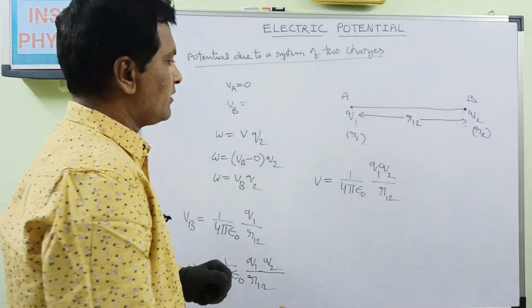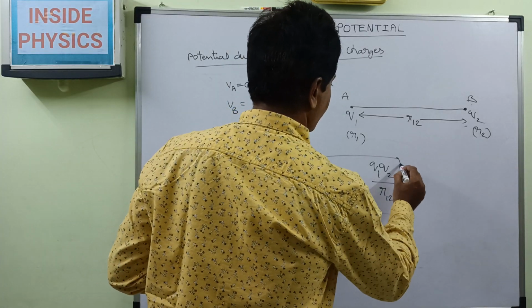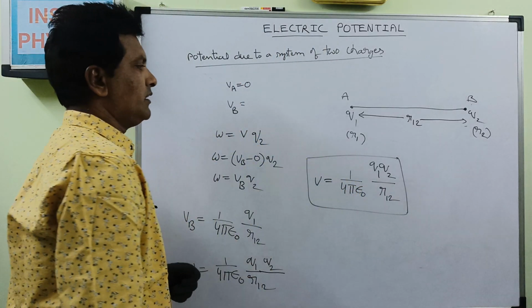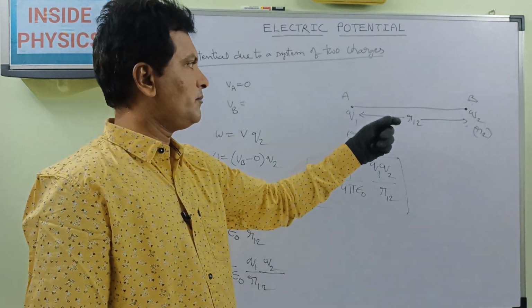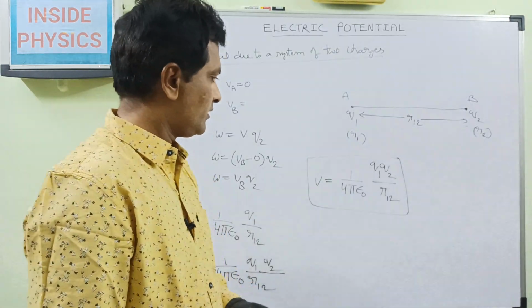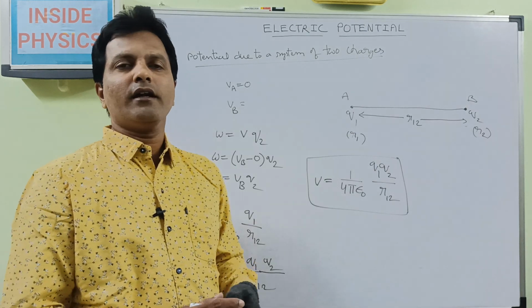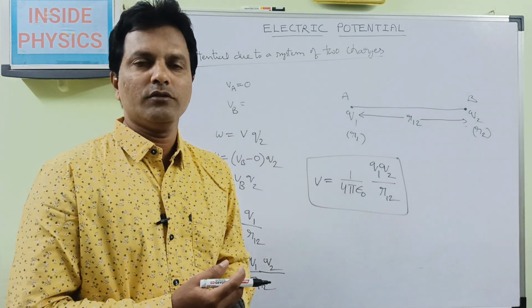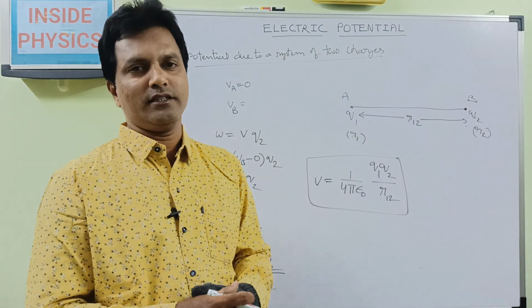In this way we can find the potential of a single point static charge, and if there are two charges present we call them a combination of charges, so the potential will be this one. So this is about the potential and the methods to calculate the potential in case of static charges.